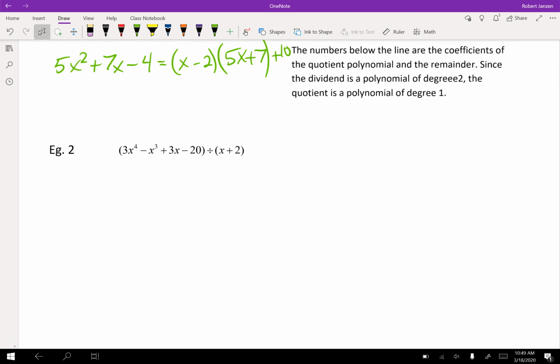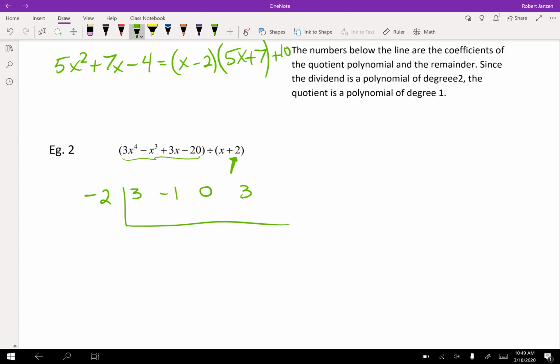So let's take a look at this next one. What is my a value here? The a value is negative 2. I'm going to write an upside down division line here, and I'm going to write the coefficients of this polynomial: 3, negative 1, 0.